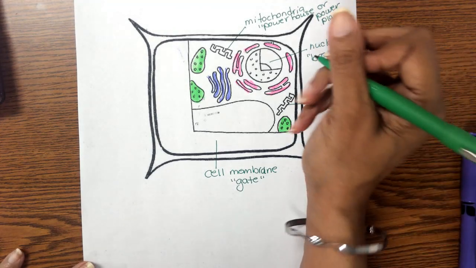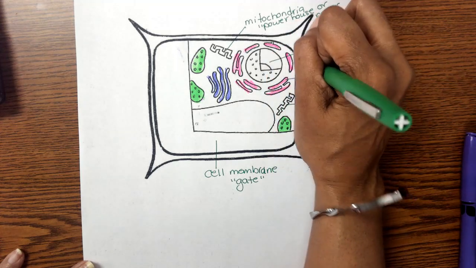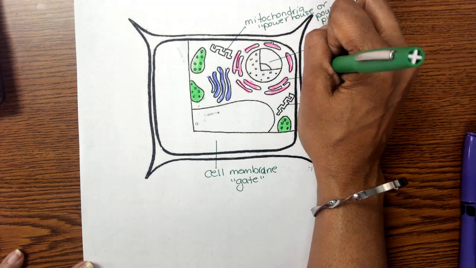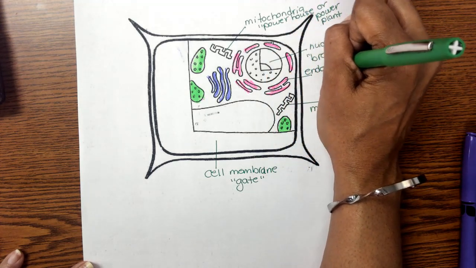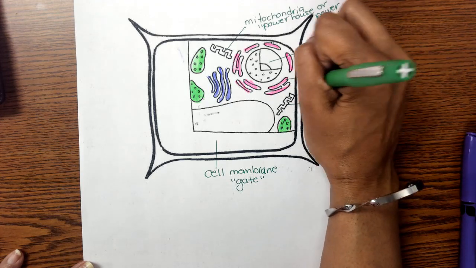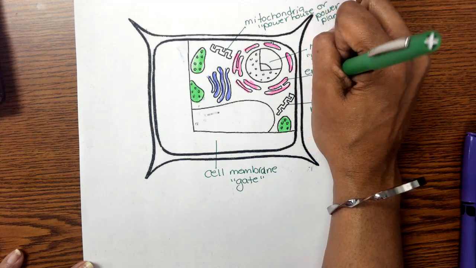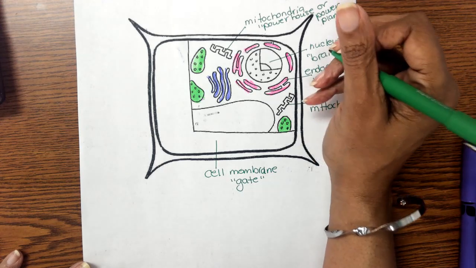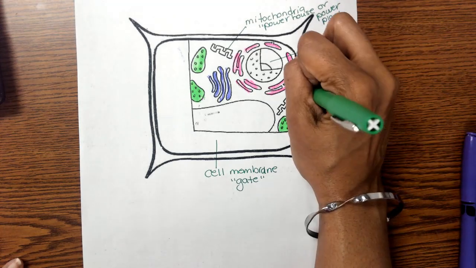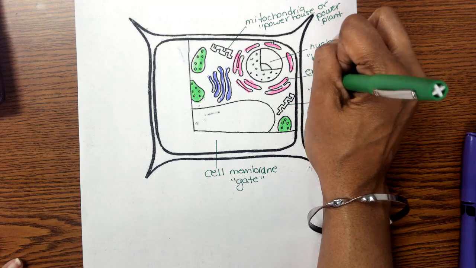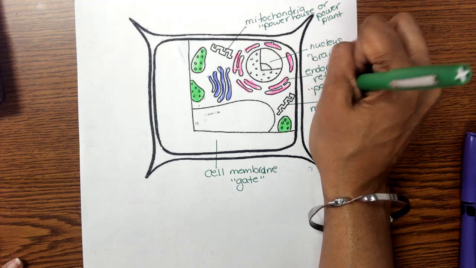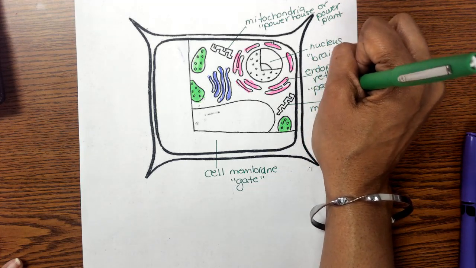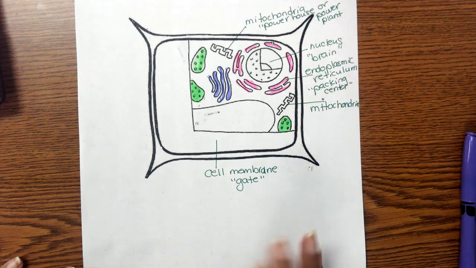Okay, then these pink that I colored pink are your endoplasmic reticulum. And we call this packing center. And they package things to be sent to other parts of the cell.